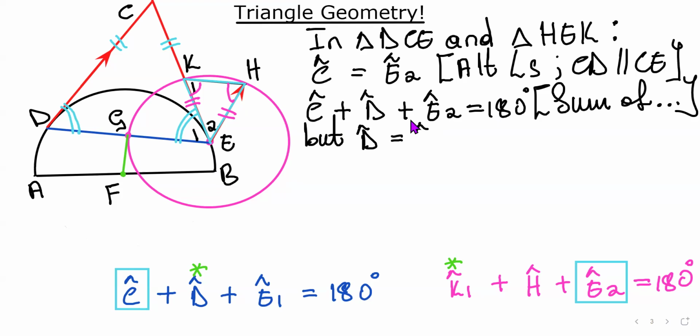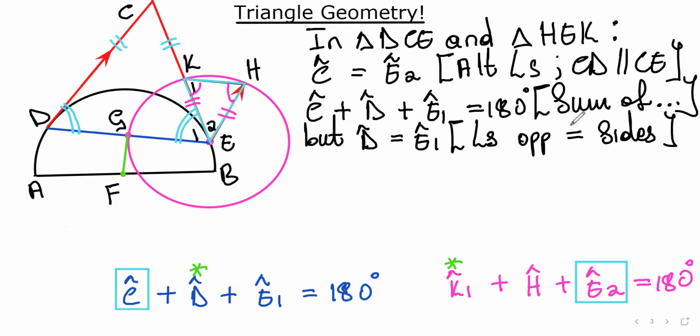I'm not sure why I said E2. Should have been E1. Sorry about that. Yes, we know that angle D is equal to angle E1. Well, that's because they are angles opposite equal sides. So isosceles triangle, because the two tangents are equal to each other, they are tangents drawn from the same point.